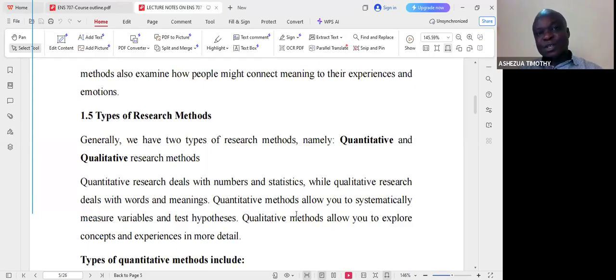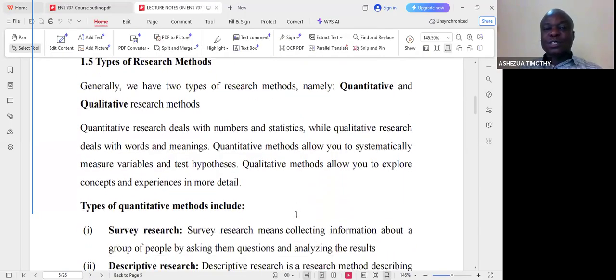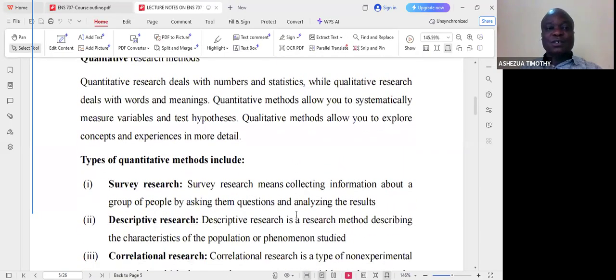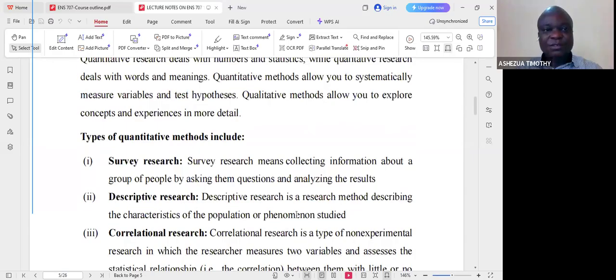So we're still going to break these quantitative methods into various types. The types of quantitative methods include, one, survey research. Survey research means collecting information about a group of people by asking them questions, and analyzing the result.